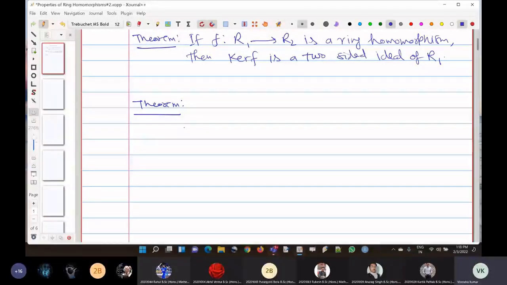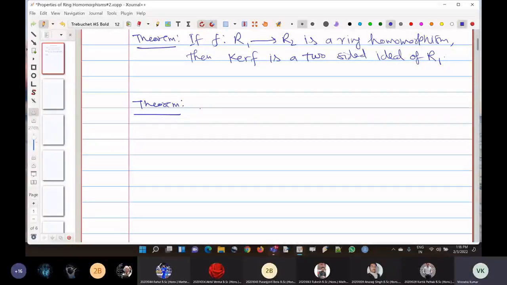What kind of elements should kernel of f have in order for f to be 1-1? When we have some map, it is natural to talk about whether that map is 1-1 or onto. Once we are talking about this, in a ring homomorphism or a group homomorphism, we get certain properties if it is 1-1 or if it is onto.